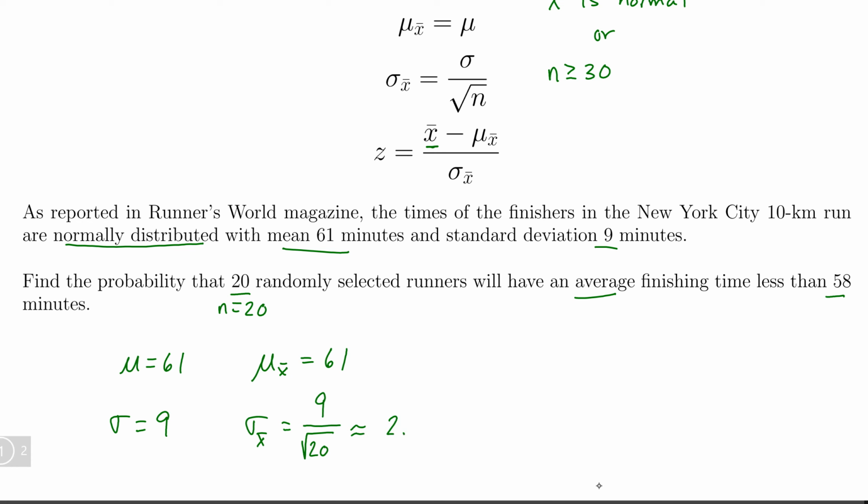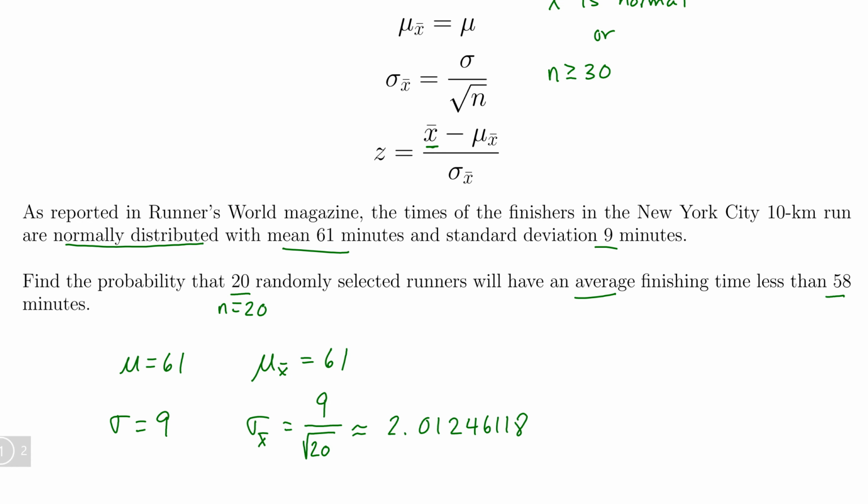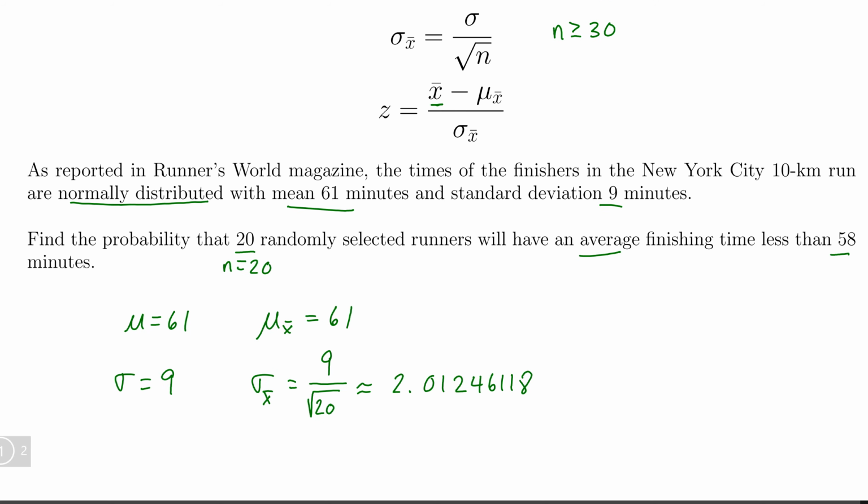So we get about 2.01246118. Note that the standard deviation for the x bar distribution is smaller and will continue to get smaller as n gets larger. Anytime you increase the value of the denominator of a fraction and you keep the numerator the same, that value will continue to get smaller.